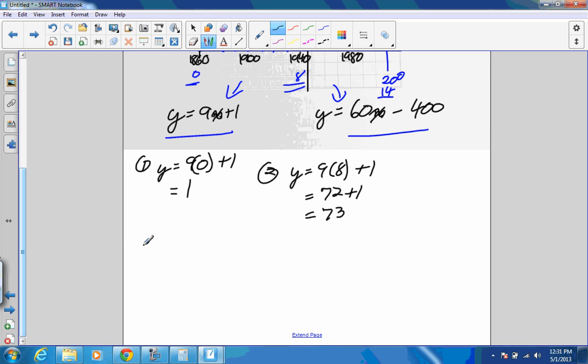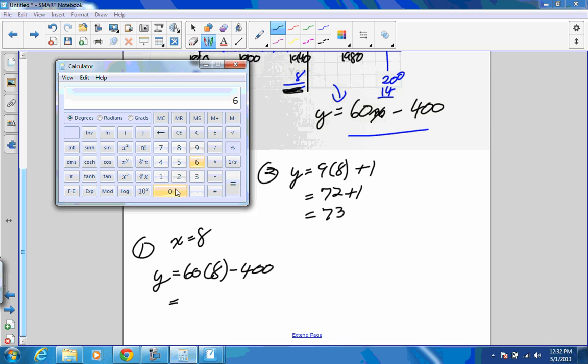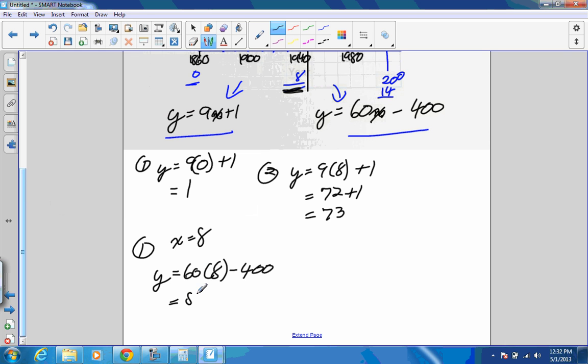We're going to plug in 8 as the first value. So when x equals 8, 60 times 8 minus 400 is 80. And our second value, when x is 14, y equals 60 times 14 minus 400.